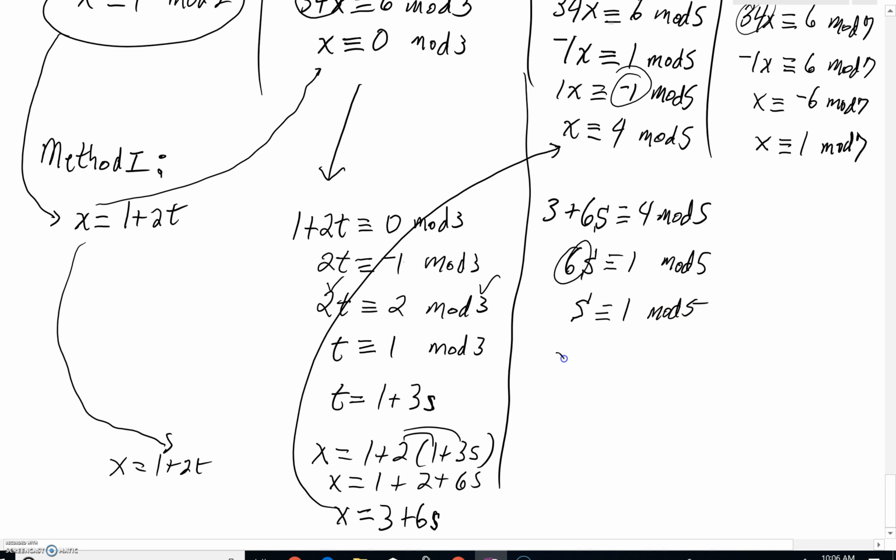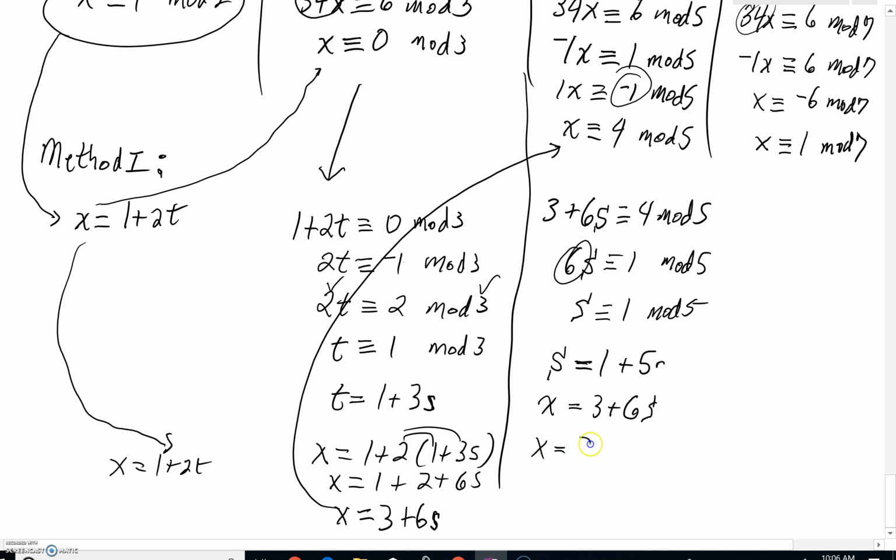What are we really saying then? s is equal to 1 plus some multiple of 5. So maybe you'd like to call it 5r. Just use a different letter. But look, x, if we recopied it, x was 3 plus 6s.